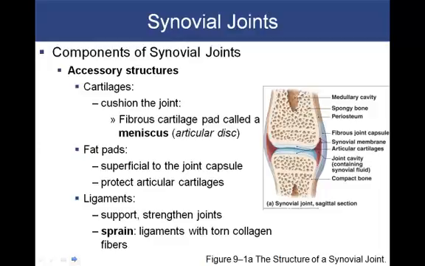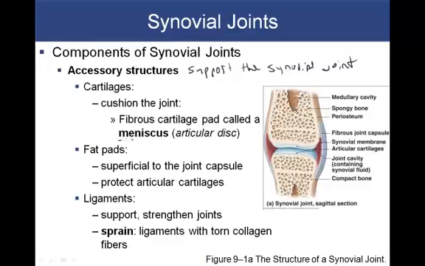There are a number of accessory structures associated with the joint, and all of these help support the synovial joint. We have some other cartilages that help cushion.